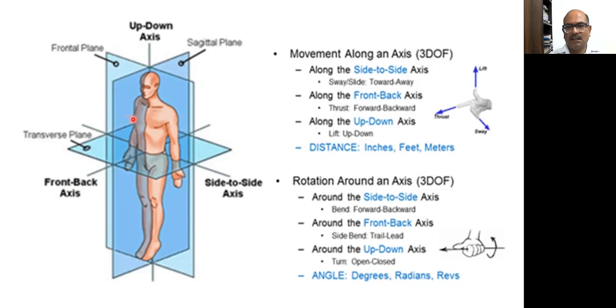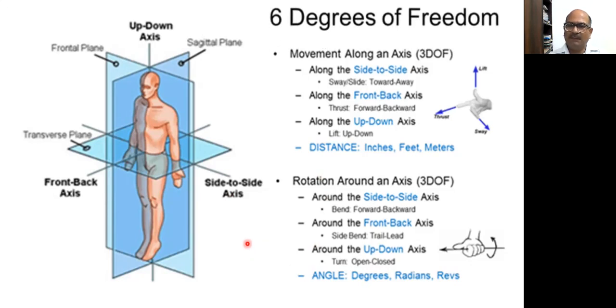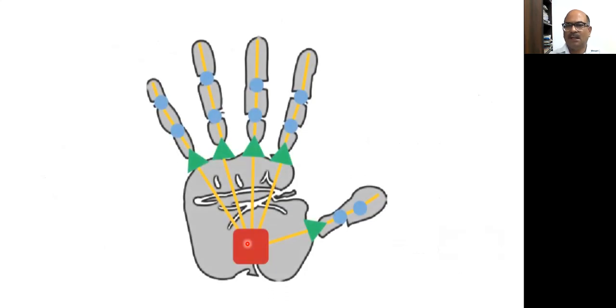Because it's an angle, the units you can use are degrees or radians. In the same manner, we will have 6 degrees of freedom.